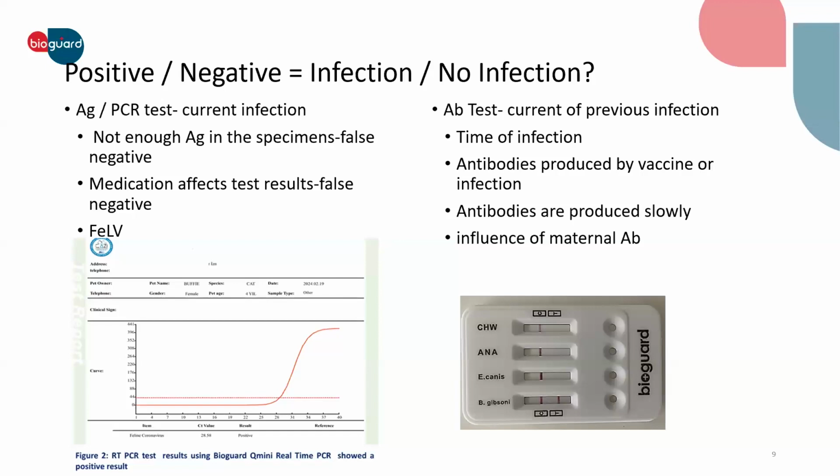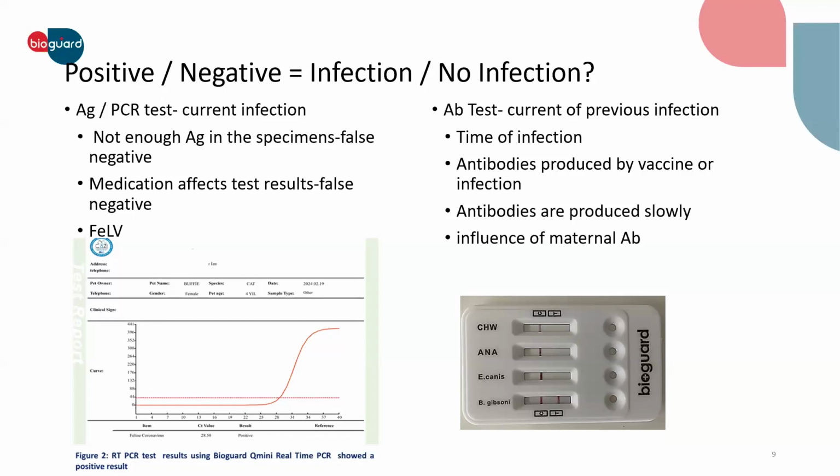That's a false negative result. So it's better to collect the sample before any treatment or medication. For FeLV, as we just mentioned, the P27 protein can only be detected about 1 month after the infection.